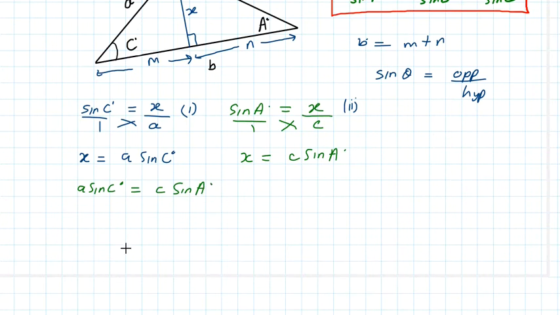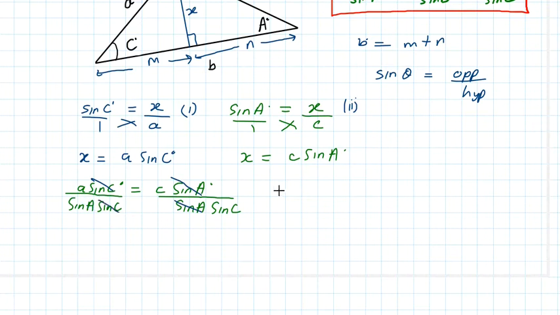Since we have something common, let's divide everything by sine A sine C. Oh, sorry, we just divided the wrong term.